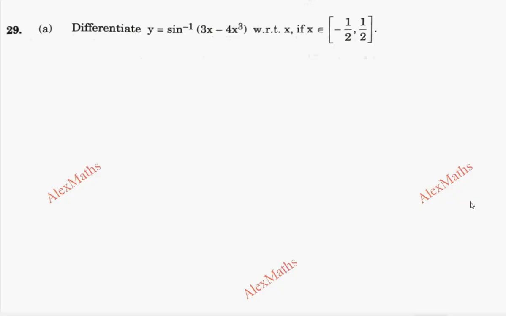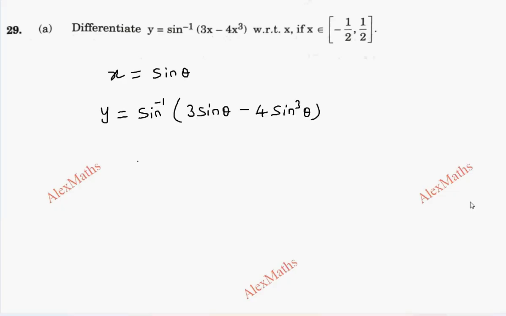Question number 29, A part, you have to differentiate the given function with respect to x. Now we take the substitution x is equal to sine theta, so y becomes sine inverse of 3 sine theta minus 4 sine cube theta, which is actually sine 3 theta. So we get sine inverse of sine 3 theta, and y becomes 3 theta.